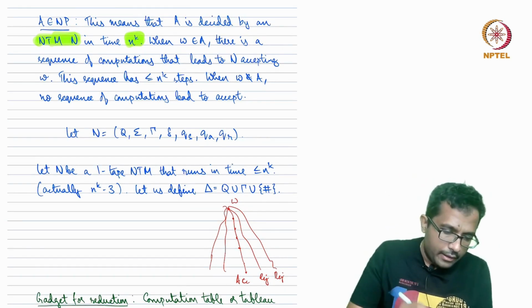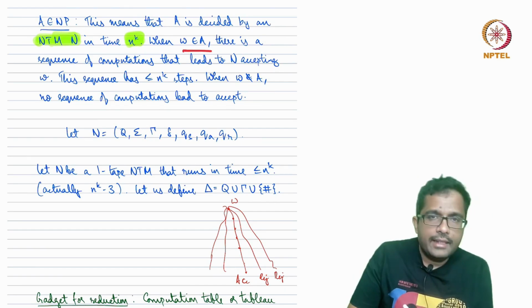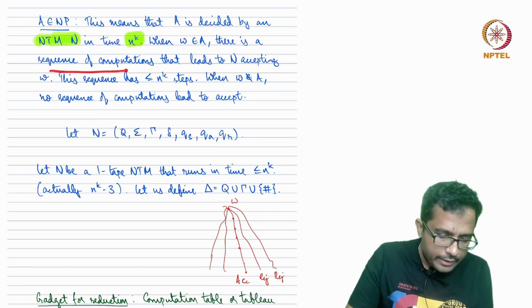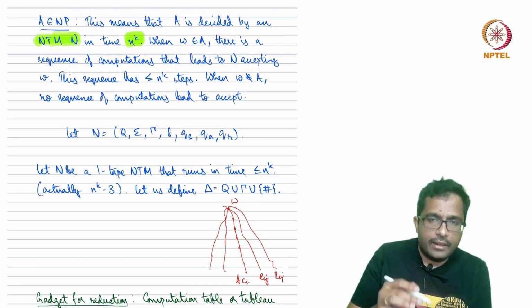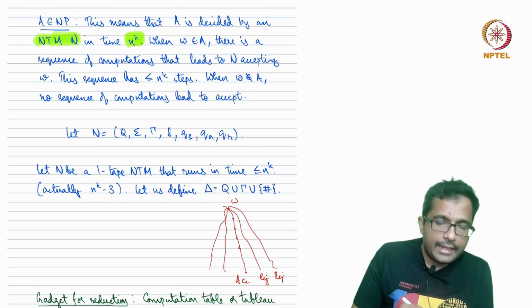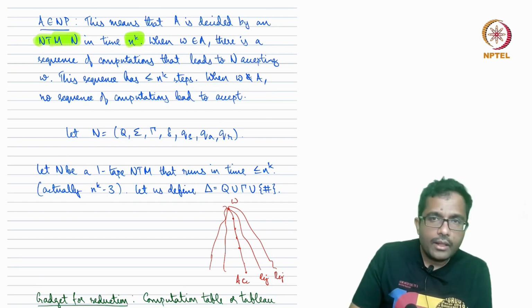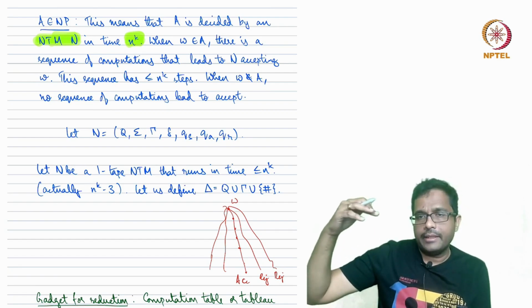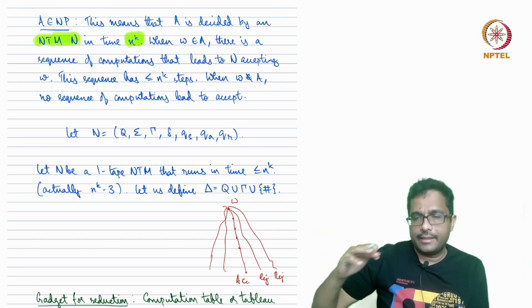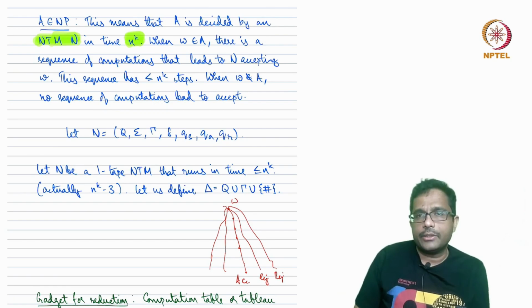When there is a string that is in A, there is a sequence of computations that leads N to an accepting computation, meaning starting from the starting configuration, through a series of valid successor configurations, finally reaching an accepting configuration.